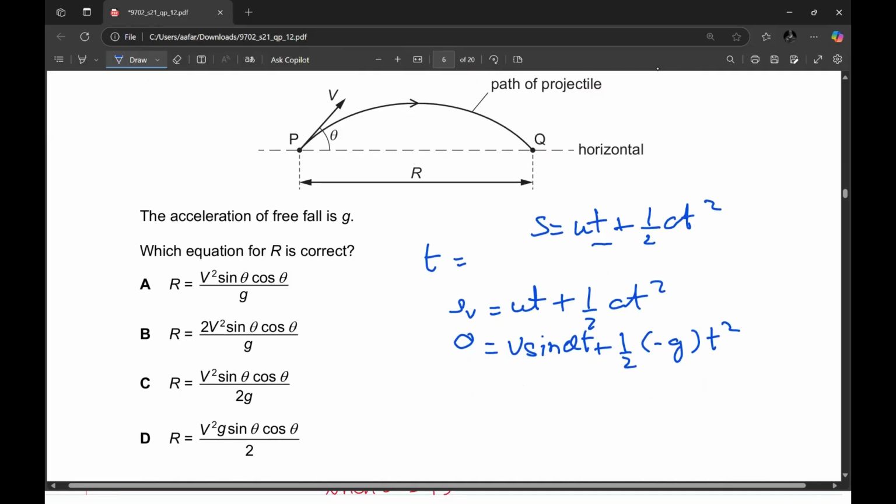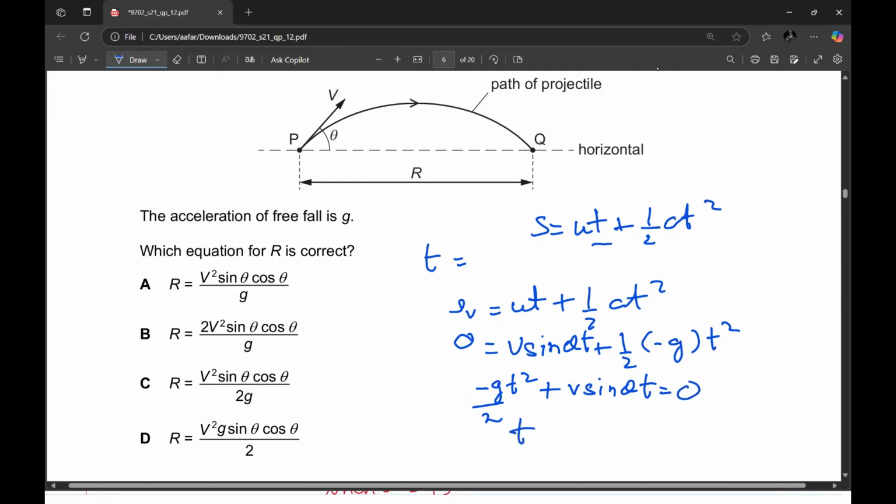So minus g over 2 t squared plus v sine theta t is equal to zero.